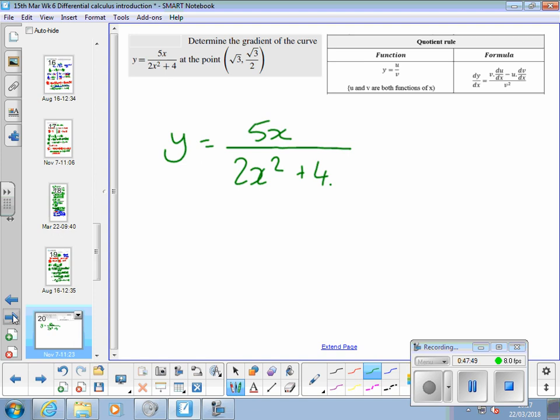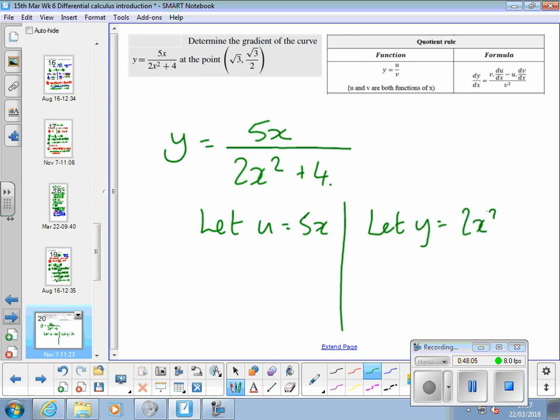What are we going to let u equal? Let u equal 5x, and let v equal 2x squared plus 4.